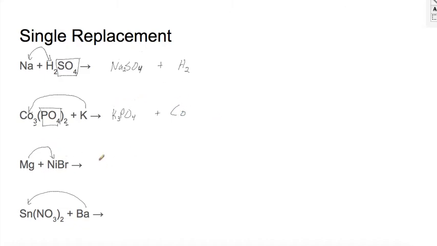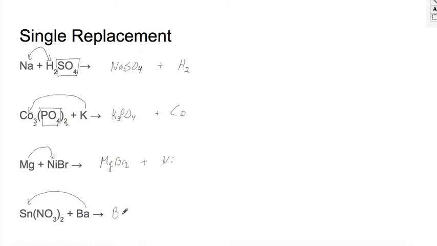These guys switch places. We end up with MgBr plus nickel, +2, -1. So there it is. Nickel is all by itself. Get rid of the charges. Don't need those in our answers.